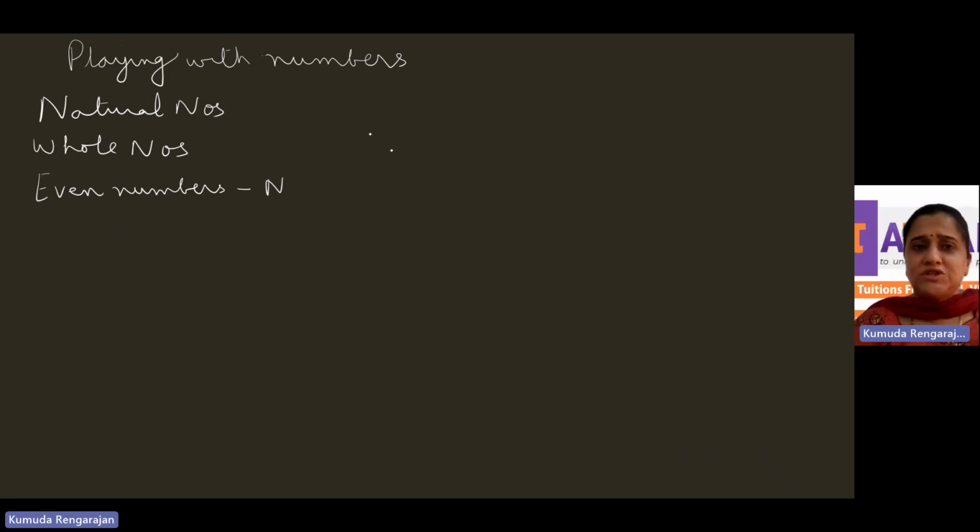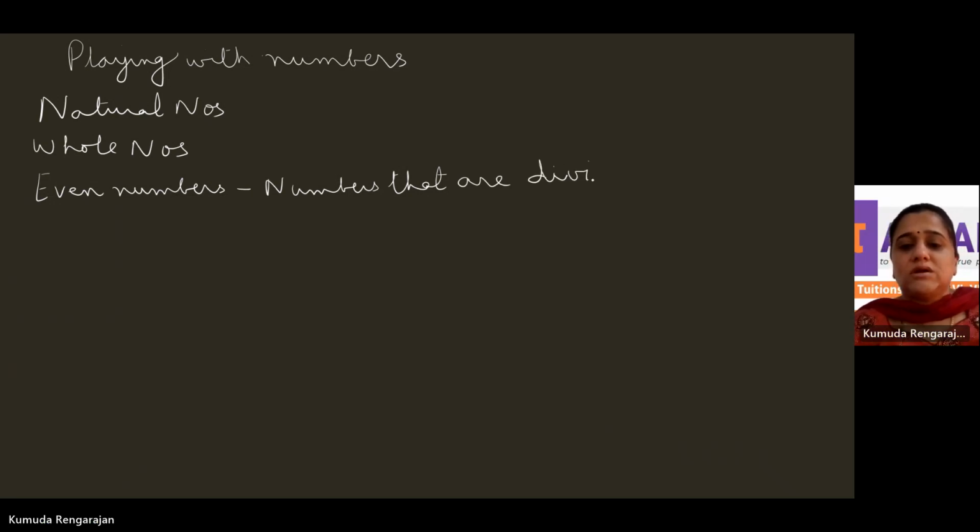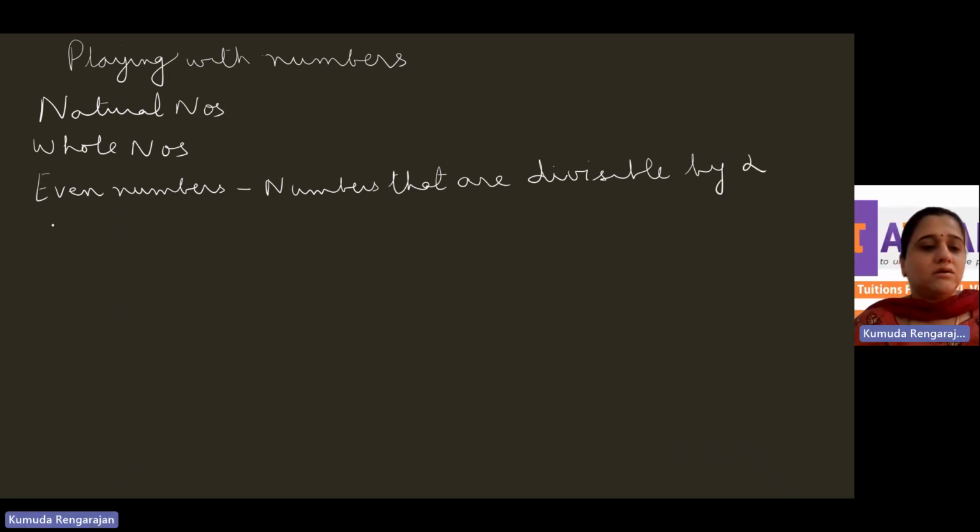If you want, you can write the definition again. Now, even numbers. Numbers that are divisible by 2 are called even numbers.